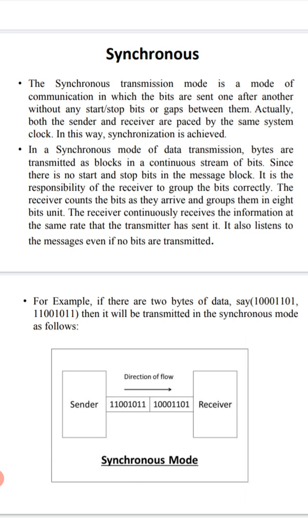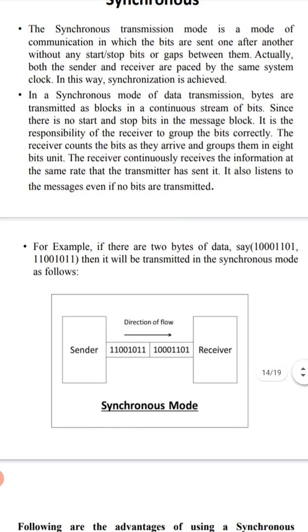Both the sender and receiver are paced by the same system clock. In this way, synchronization is achieved. Here, in the synchronous transmission mode, there are no start and stop bits.